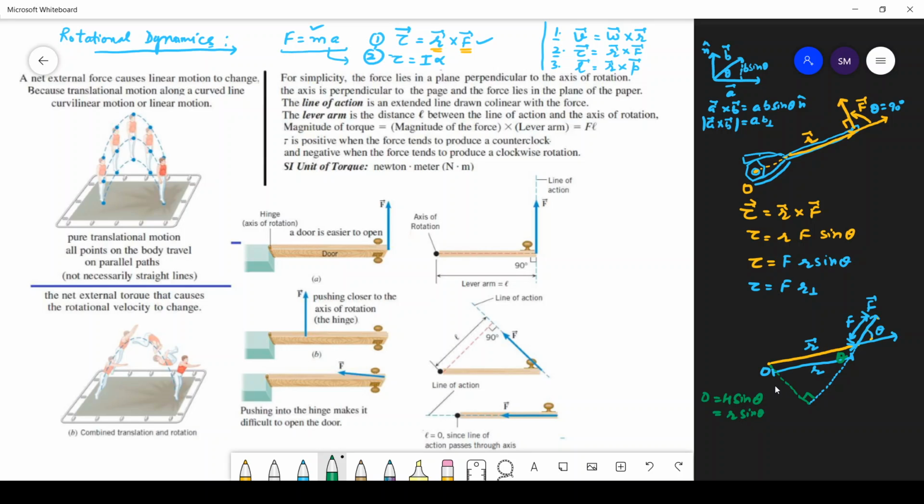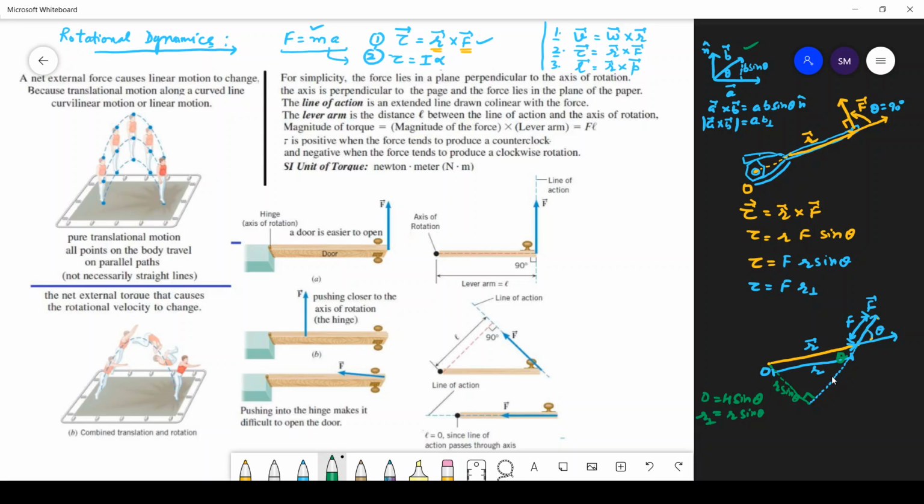This length is your R perpendicular, so R perpendicular here is R sine theta. This is your length R sine theta, and this is your length F, so you are multiplying F with R sine theta. This was a very simple diagram, but this one is a little bit typical.